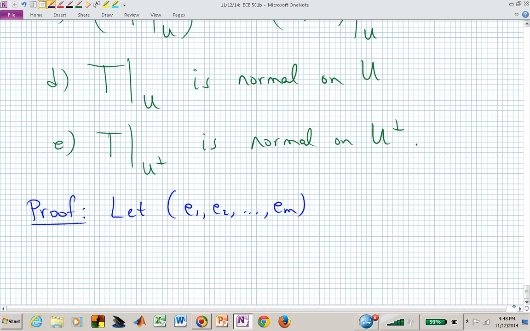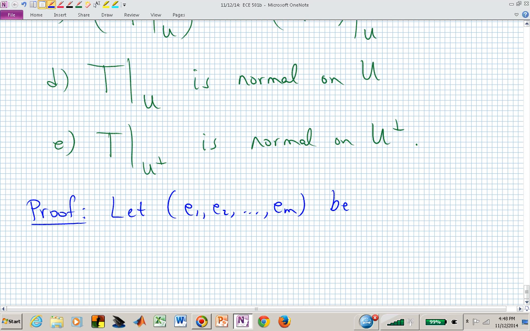Suppose we now have this list of vectors, E1, E2, E sub m, and they're more than just a list of vectors. Let's let those be an orthonormal basis of our subspace U in this proposition. That means our subspace is m in size.